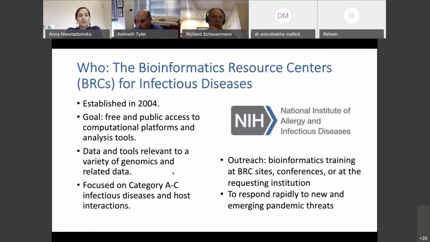The goal of these resource centers is to provide free and public access to not just the data, but also computational platforms and analysis tools for these various infectious diseases, and in particular, infectious diseases that are focused on category A through C human diseases, which typically tend to be emerging or re-emerging infectious diseases in humans.